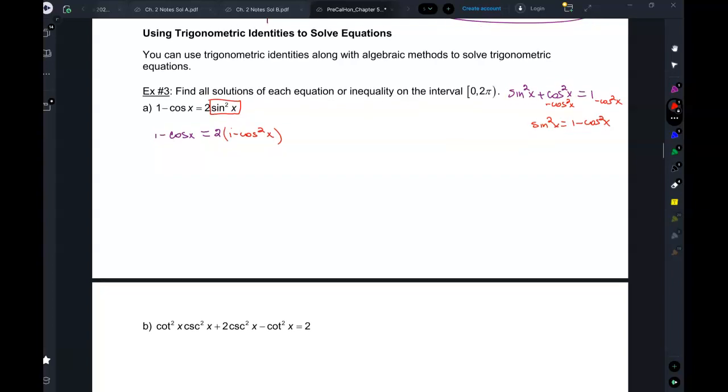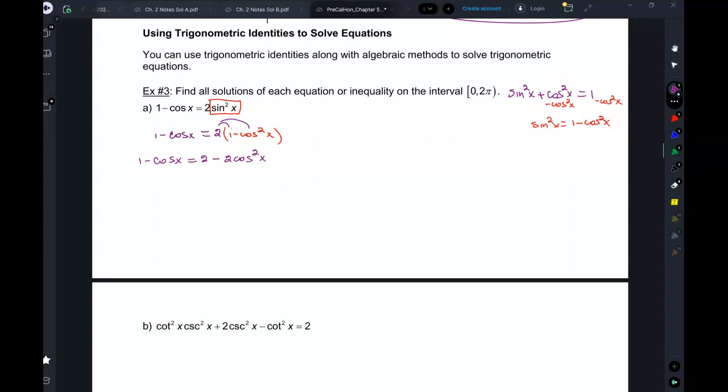Now, do you see what this did? Now everything is homogeneously in terms of cosine, and I can work easier with that. So let's see what's going to happen here. I'm going to distribute the 2. 1 minus cosine x is equal to 2 minus 2 cosine squared x.